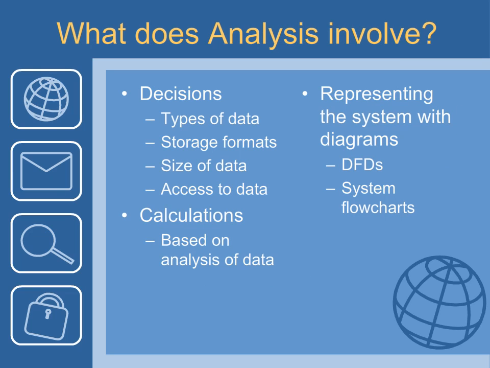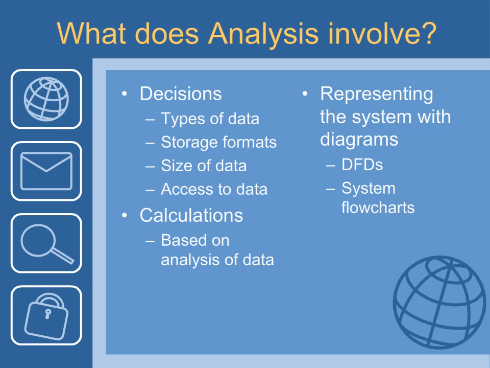So when you're looking at the question of what analysis involves, it is quite dependent on the system. There are many different elements to analysis depending on a particular system, and many different approaches as well. You're only going to look at two different diagrams here when there are actually many more. On the left hand side is a good breakdown of the sort of things that need to be decided and calculated. Decisions have to be made in order to go into the requirement specification that we talked about.